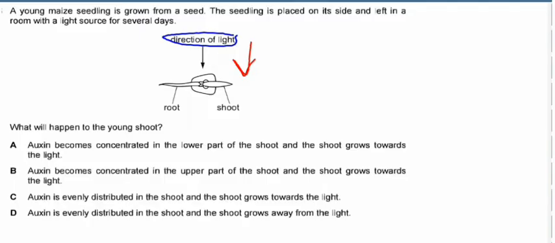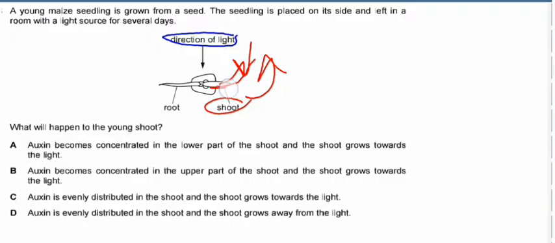What will happen to the young shoot? This young shoot is going to respond toward light. According to the options we have been given here, we have the auxins. Since the auxins are destroyed by excess heat or light, they are going to be concentrated down here, thereby causing the elongation of the shoot to grow upward like this.